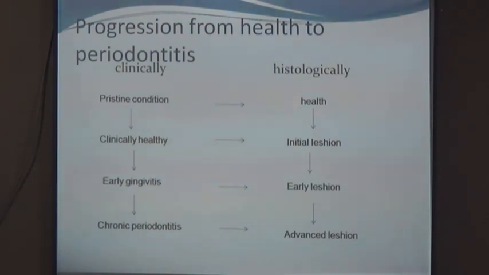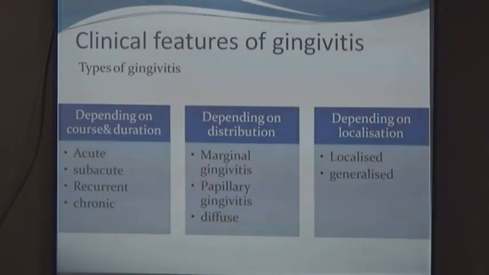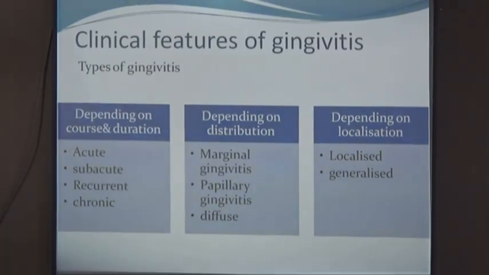The gingivitis stages you are giving are histological stages, not clinical features. Depending on the course and duration, acute, subacute, recurrent and chronic. Depending on distribution, it is marginal, papillary and diffuse. Depending on localization, it is localized and generalized. These are the different types of gingivitis.